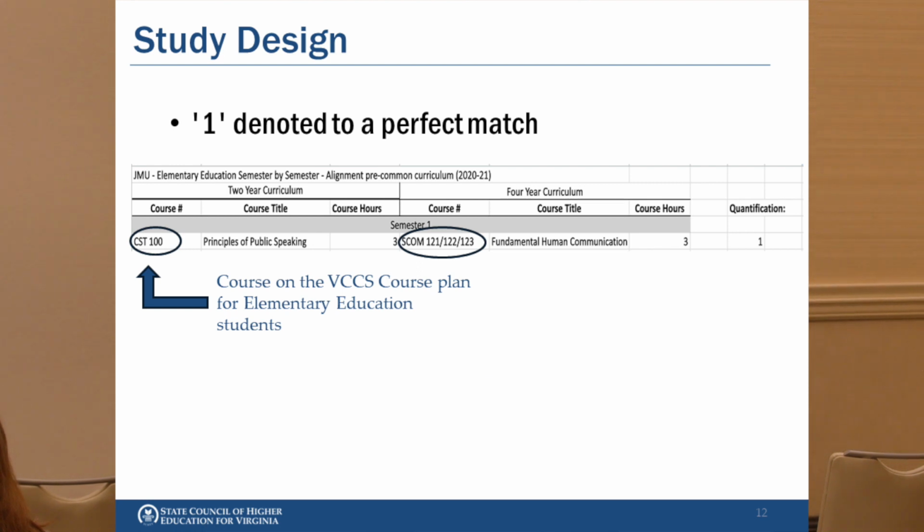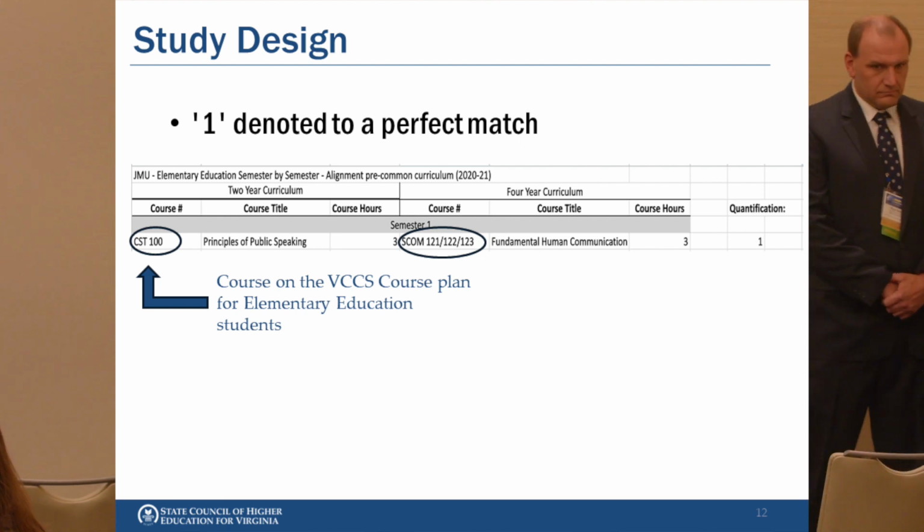This Principles of Public Speaking course that the student took at the community college system aligns perfectly with the fundamental human communication course required at the 4-year. In this case, they followed the transfer guides by taking this communications course that the 4 years needed. So in a case like this, we would have given a 1.